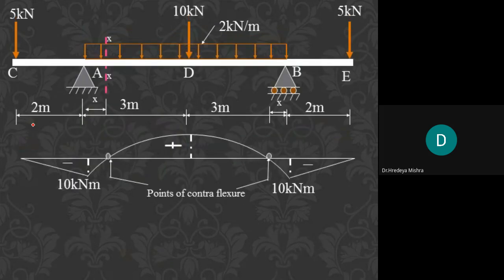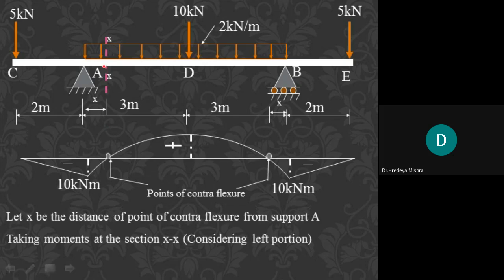Now we have to calculate the point of contraflexure. So we consider that at distance x, the contraflexure point is there. We know that at the contraflexure point, the bending moment is zero. So if we take moment about section x, then we get the moment zero. See here.